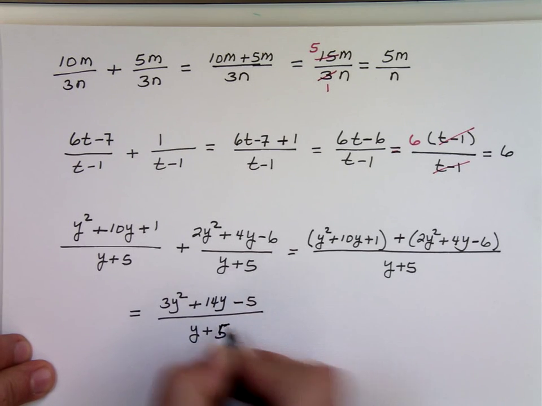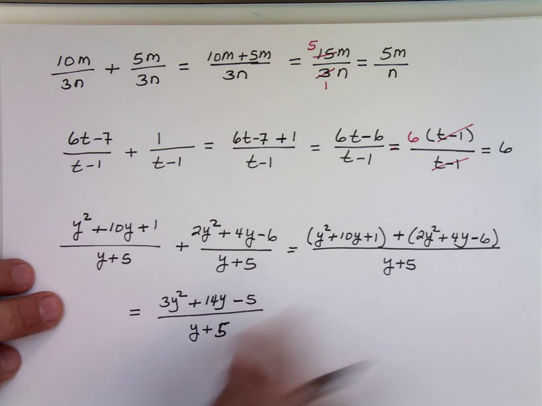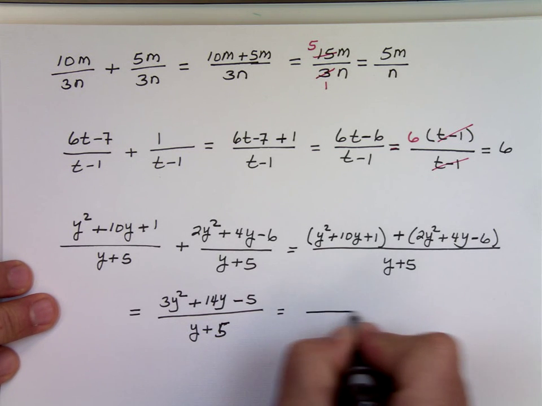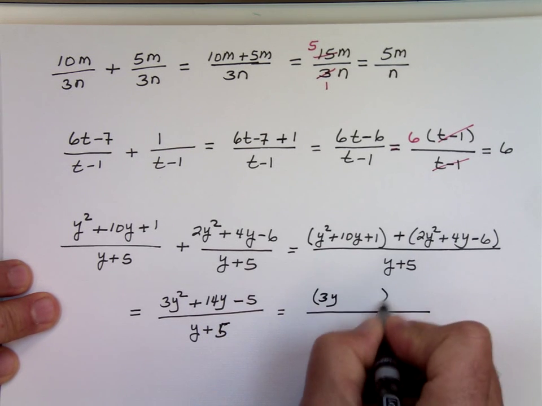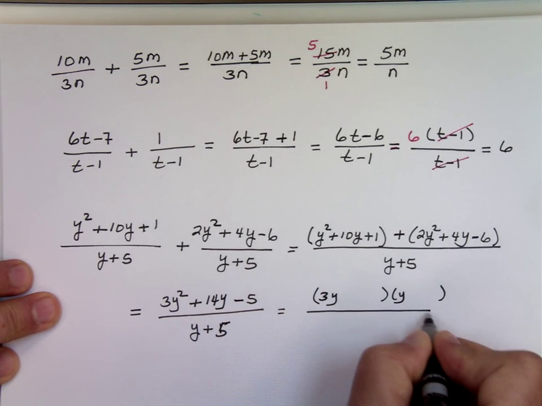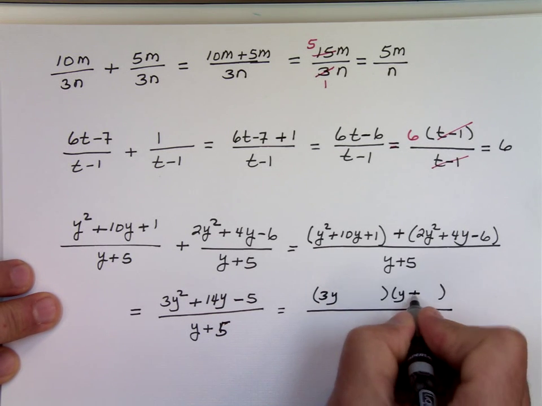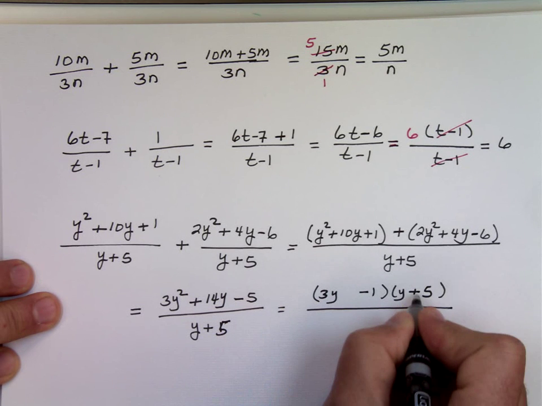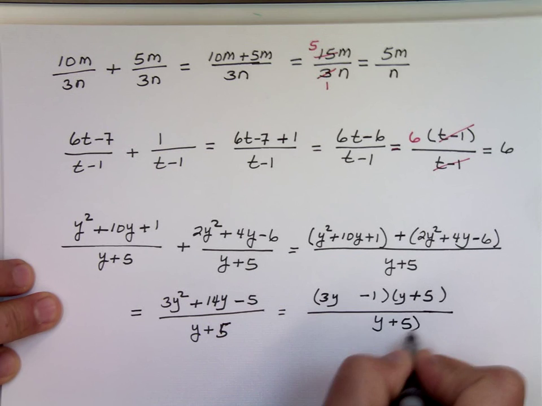And my next step is, can I simplify this? Can I factor the top and hopefully something will cancel? Well, if it's going to cancel, that means I should have y plus 5 on the top. So let me try to factor it. The 3y squared is 3y and y. And the negative 5, that means 1 is negative, 1 is positive. So I'm going to try the plus 5 here and the minus 1 here. I'm hoping this will cancel that.